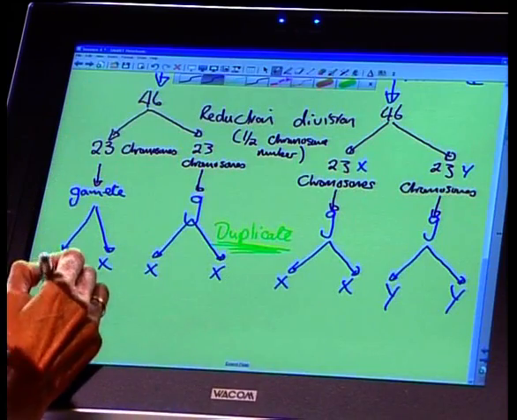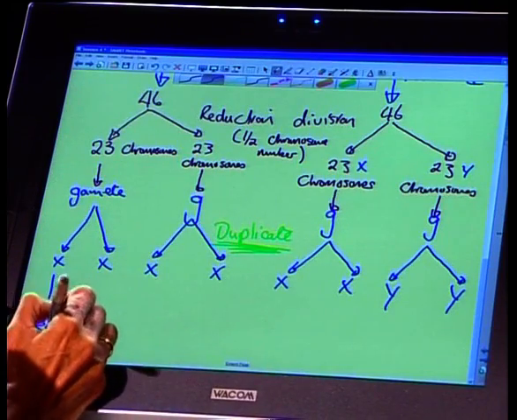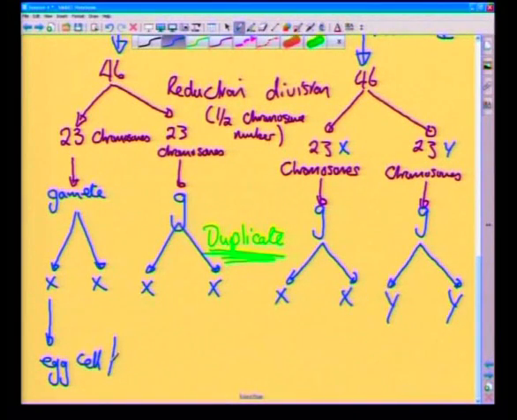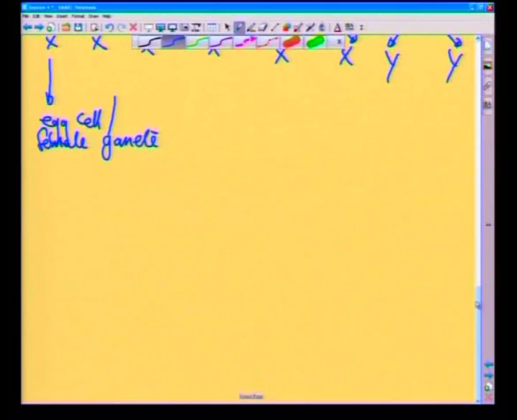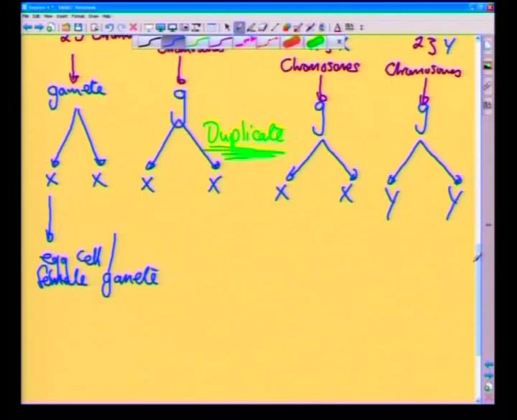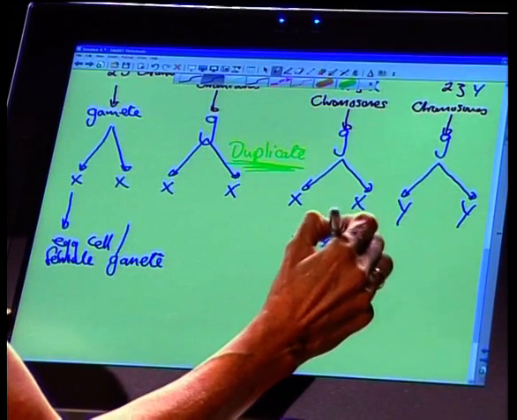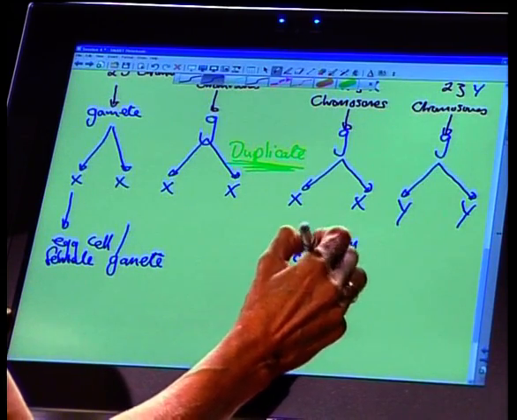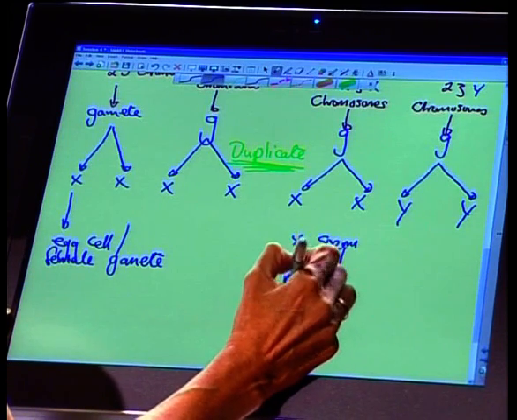So in the female, one of these will become the egg cell or the female gamete. And here we're going to have 2 X sperm cells or male gametes.